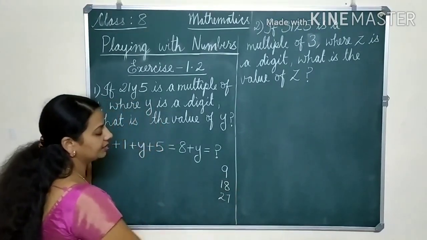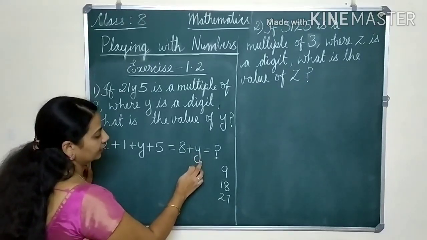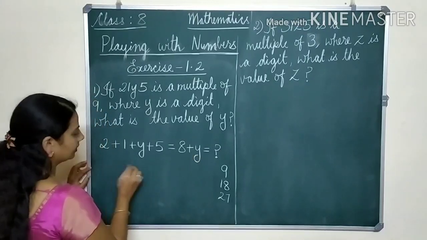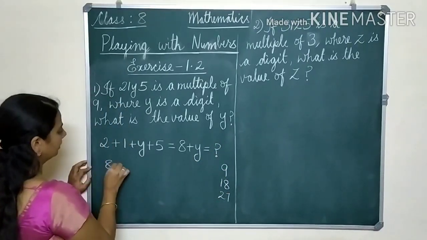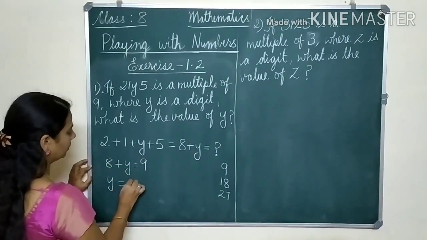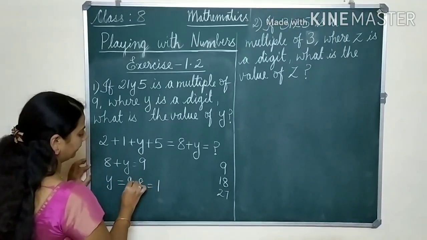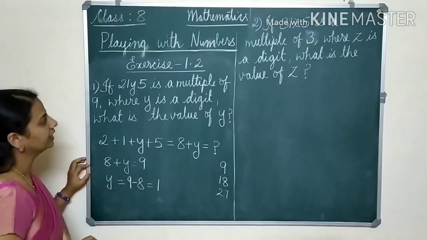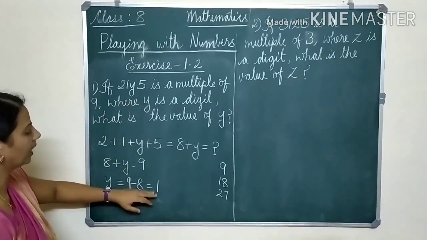These are all multiples of 9. Now if the sum is 9, then 8 plus y equals 9. That means y is equal to 1. 9 minus 8 is 1. So here the value of y is 1.